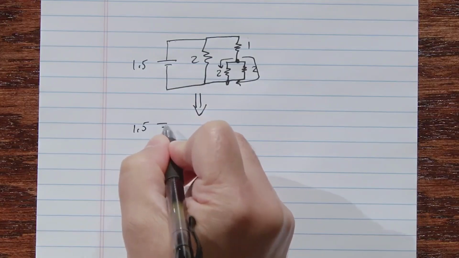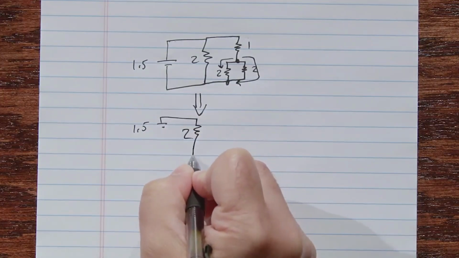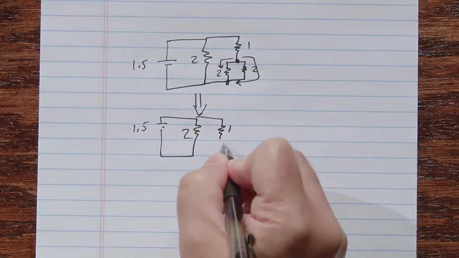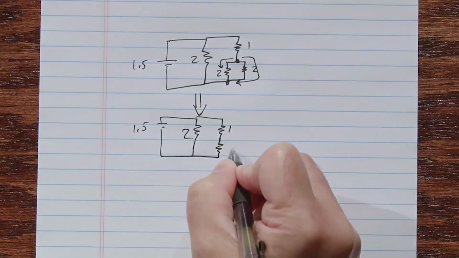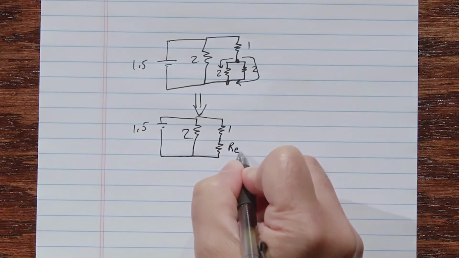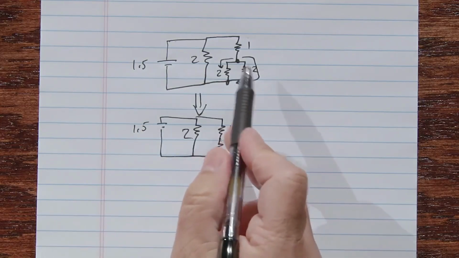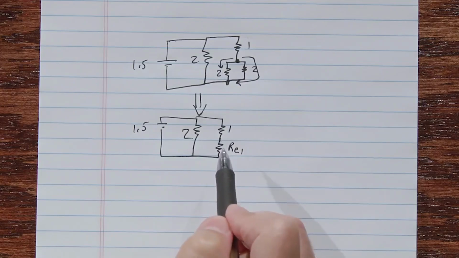1.5 volt battery, a 2 ohm resistor, a 1 ohm resistor, and I'll call this R equivalent 1, so our first equivalent resistance. So I can replace these 2 resistors in parallel with a single resistor.